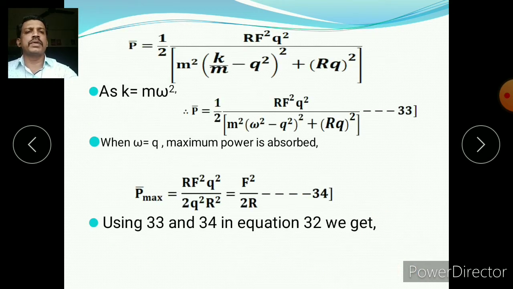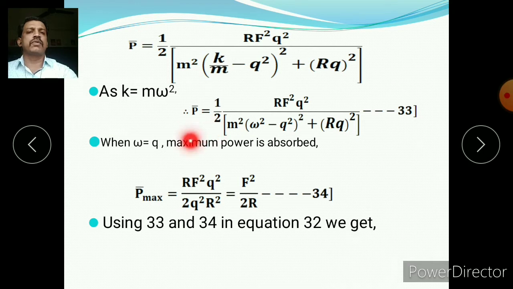Therefore average power P equals half R F square Q square upon, if we take M square common, M square times [K by M minus Q square] square plus R square Q square. As we know that K equals M omega square, or omega square equals K by M, we make this adjustment.